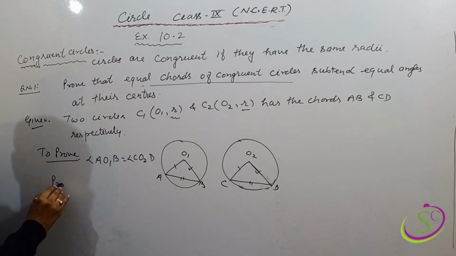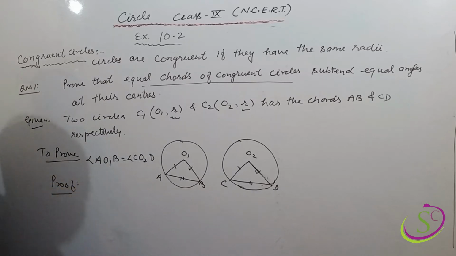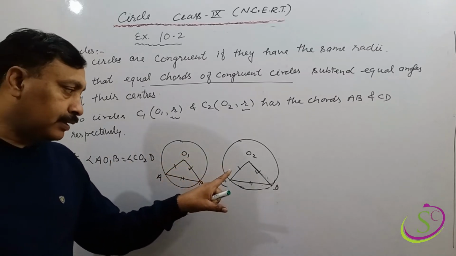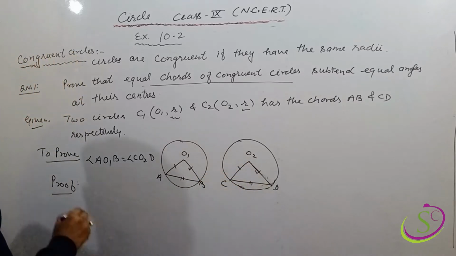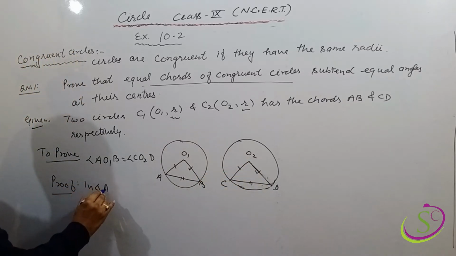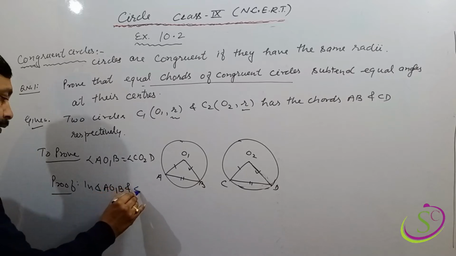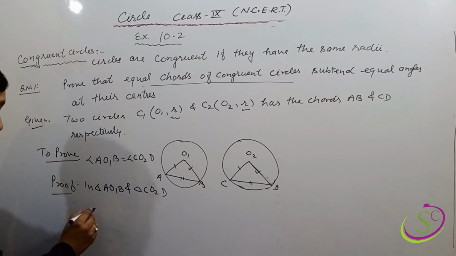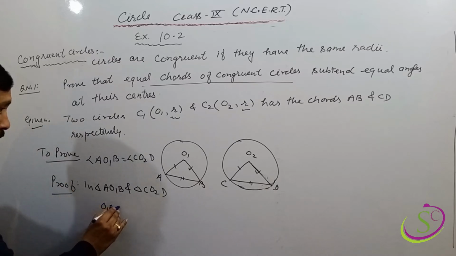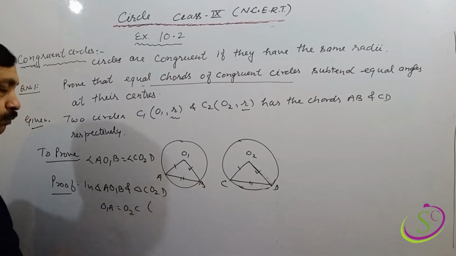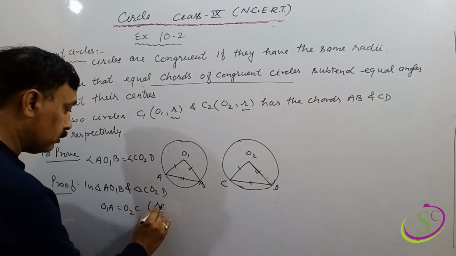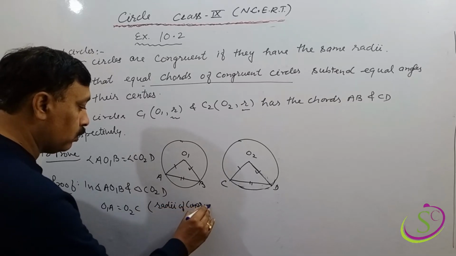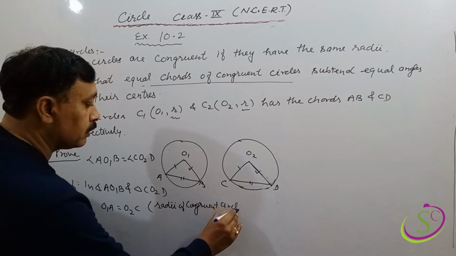Proof. Dear, here are two triangles, one is AO1B and other is CO2D. So in triangle AO1B and triangle CO2D, clear? O1A is equal to O2C. How? Because radii of congruent circles.